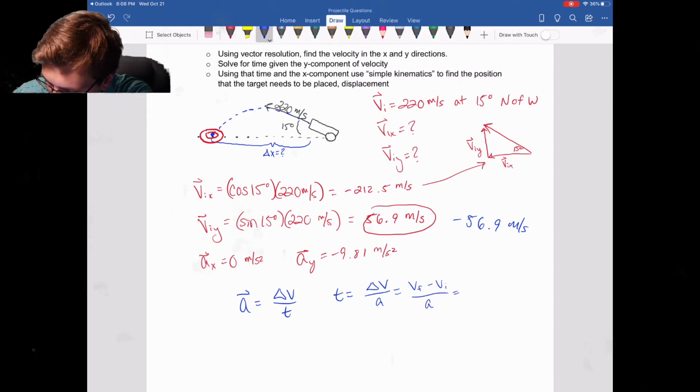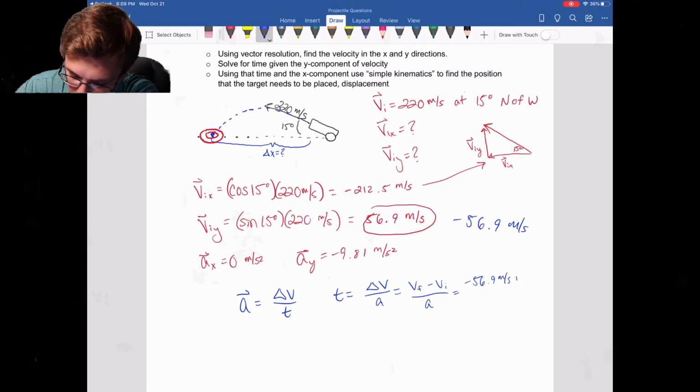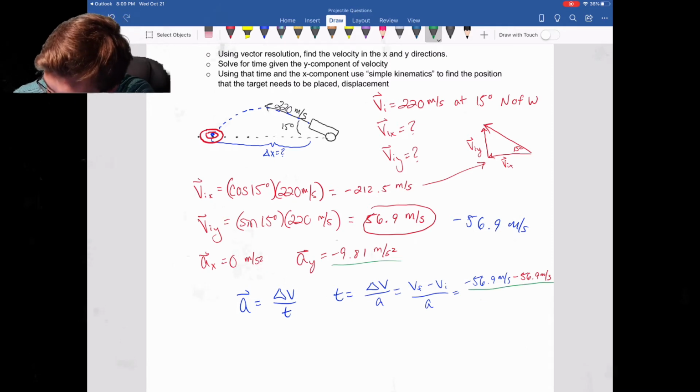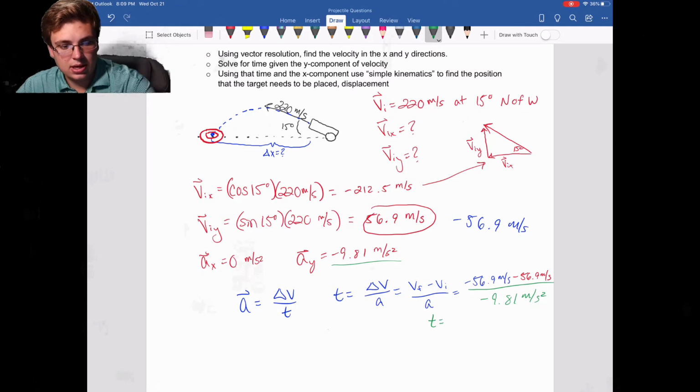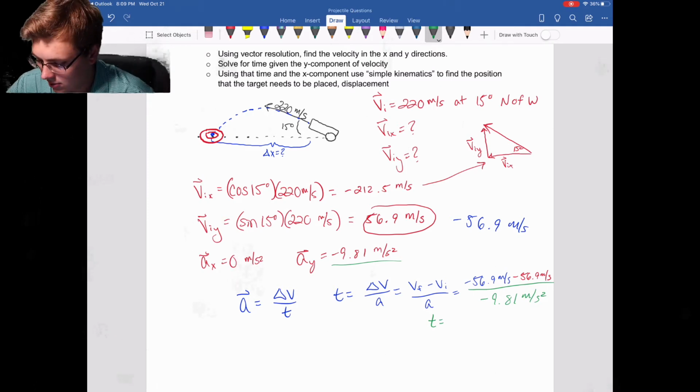So negative 56.9 meters per second minus 56.9 meters per second, over negative 9.81 meters per second squared. Now what do we get for our time? Our time is going to equal, in this case, 11.6 seconds.